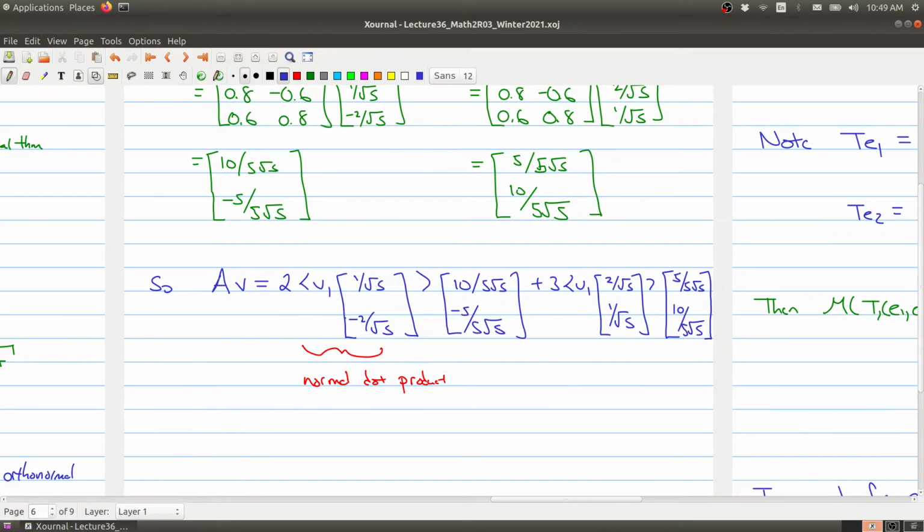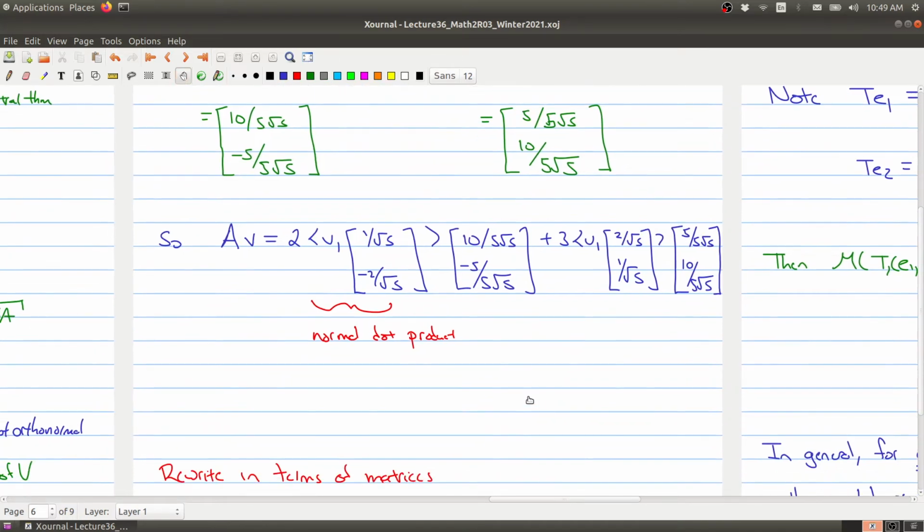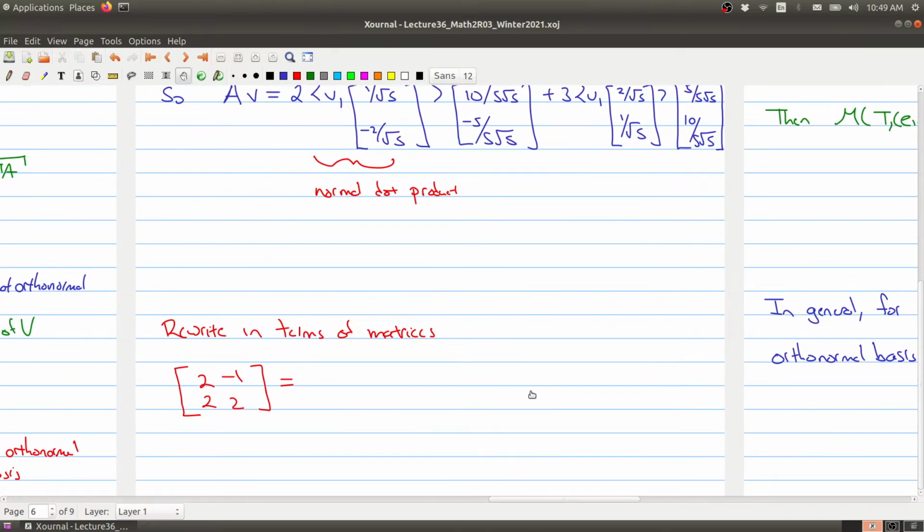These are the coefficients. This guy and this guy are the coefficients, and this is my basis. So for any vector v, I can quickly figure out where it gets sent in terms of this expression. There's a lot going on here, but this is what the singular value decomposition is.